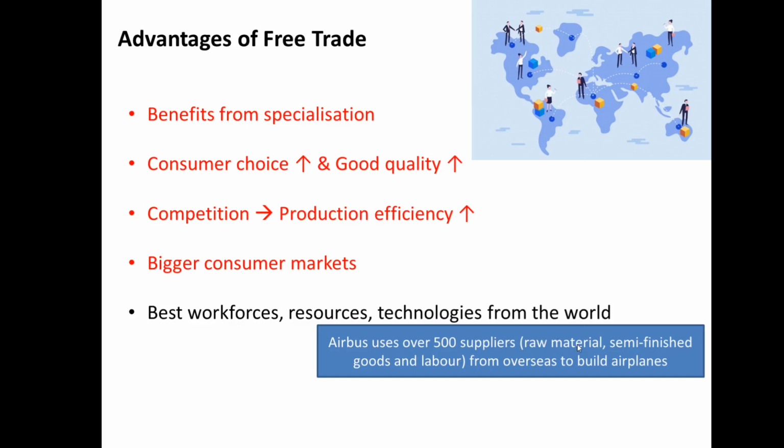They procure raw materials, semi-finished goods, and labor from all around the world to build Airbus, so that the Airbus can be of very good quality. So this is why international trade, or what you call free trade, is so good, because you can get the best workforces, resources, and technologies at the same time.